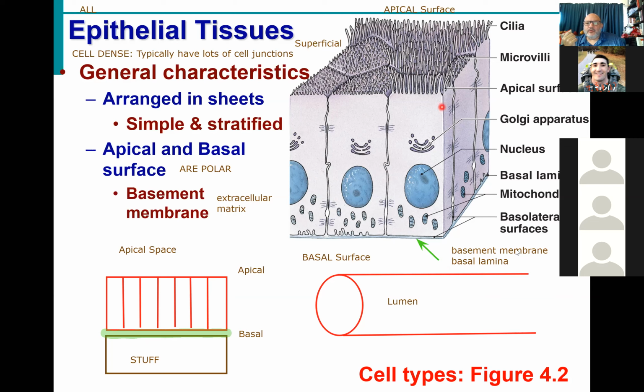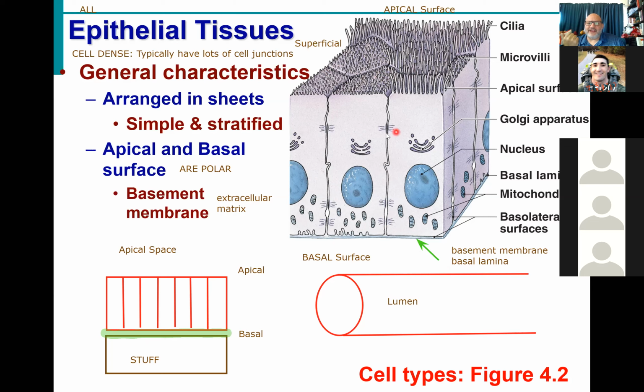What this is talking about is reminding you, as I mentioned, that there is a polarity to this tissue. We have the apical surface, we have the basal surface, and in between the cells, we have the lateral surfaces of these cells where they attach to others.